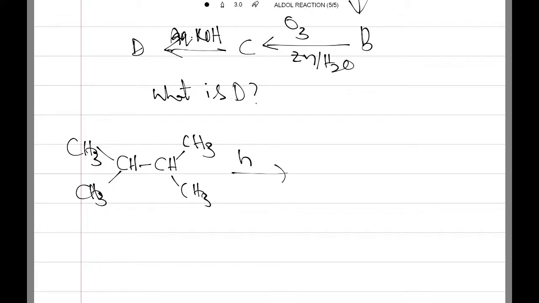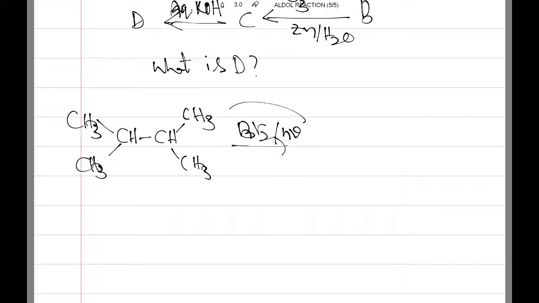When this reacts with bromine in presence of light, this is a free radical substitution. We know that in free radical substitution, tertiary hydrogens are more reactive than secondary hydrogens, which are more reactive than primary hydrogens.